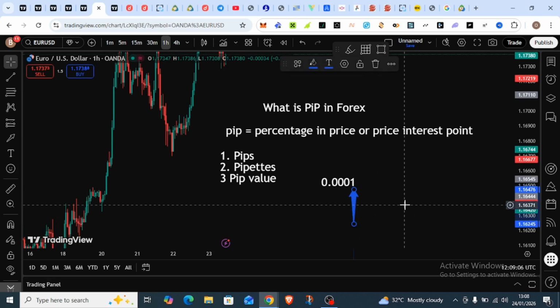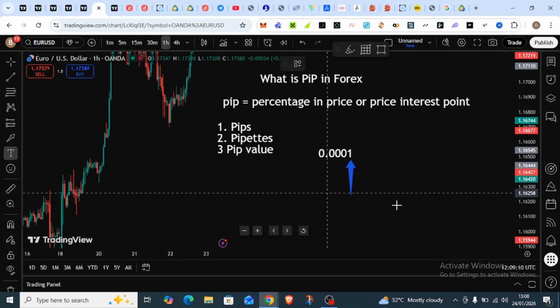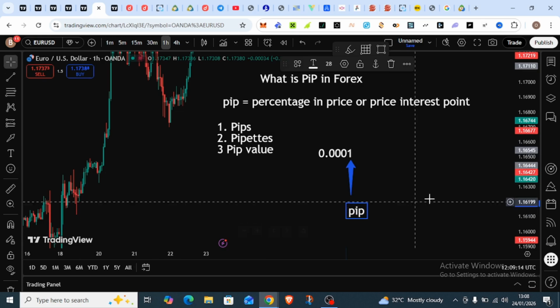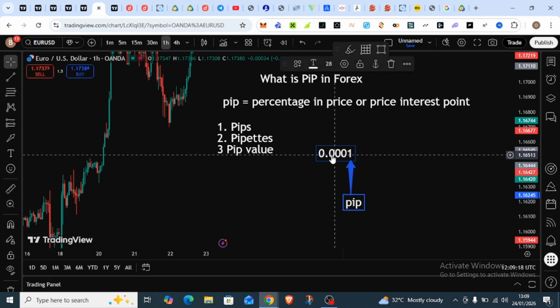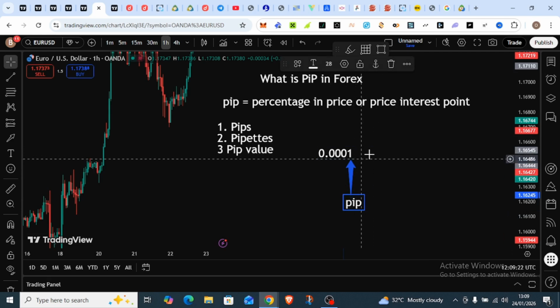This is the pip. So let's label it: pip. The fourth decimal, shown as 1 here, is the pip.